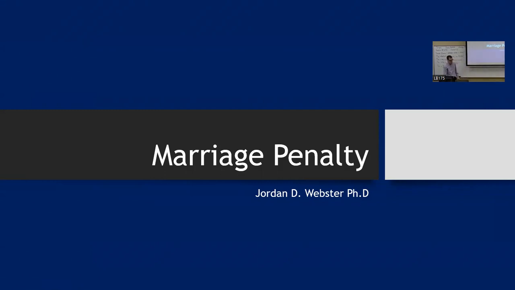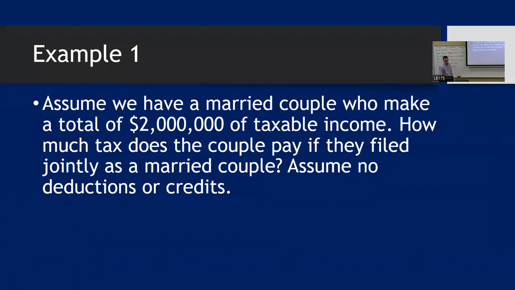Now, this has nothing to do with somebody disliking their spouse, all right? This is about taxes once again. So here's the basics of it. Remember that when we looked at the income tax brackets, that very, very top bracket had some weird numbers.